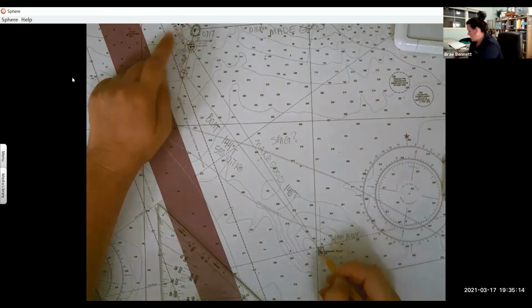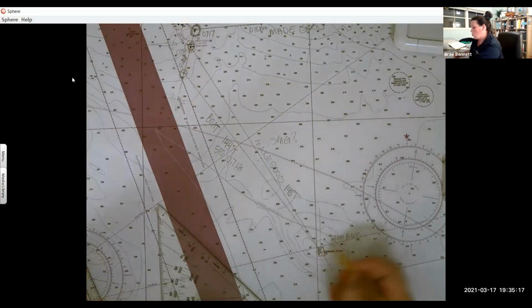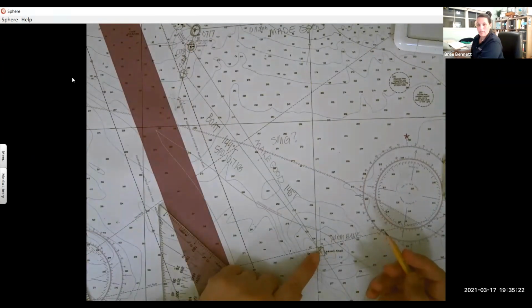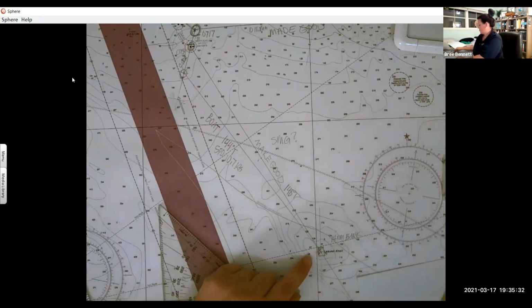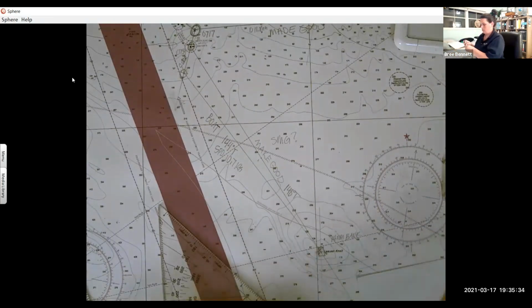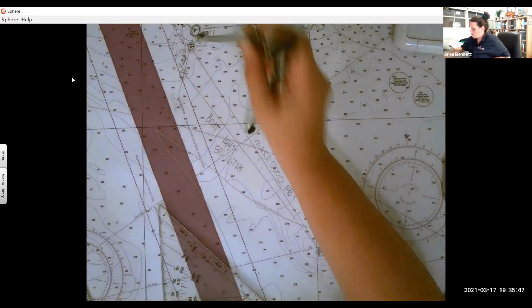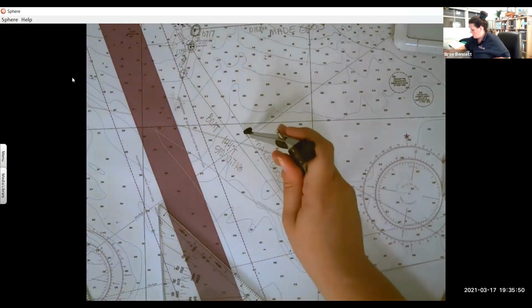So using the same hour line, right before my fishing point here, I'm going to get 5. Calculate the distance. 5, 10.